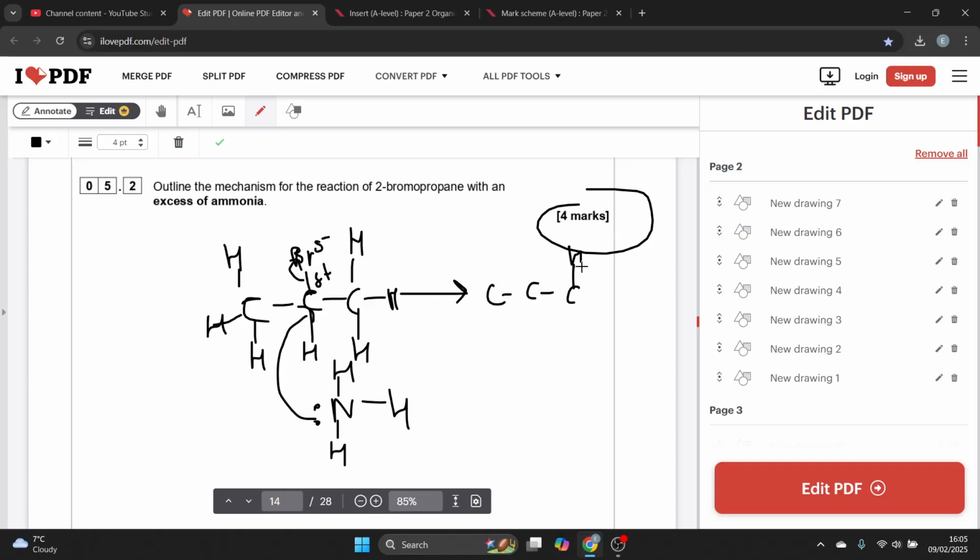But obviously that wouldn't be for 4 marks, right? There's another step as well. It's an excess of ammonia, so it's not just one ammonia molecule used. So then I've got my NH3 with nitrogen positive.